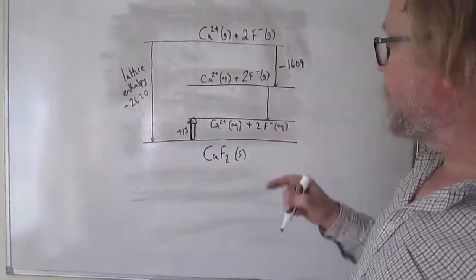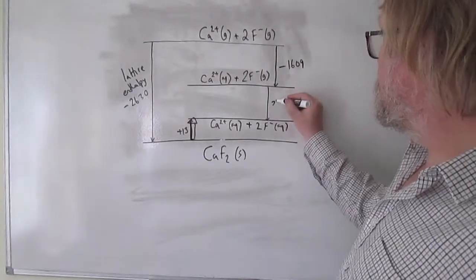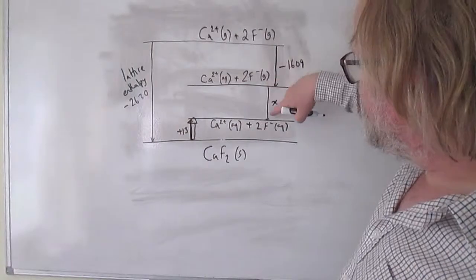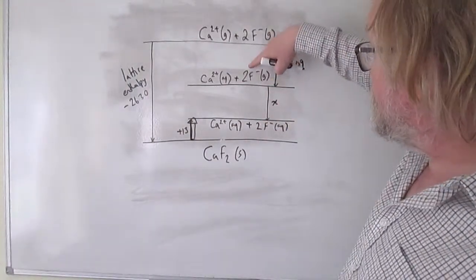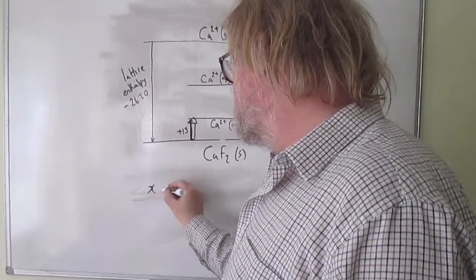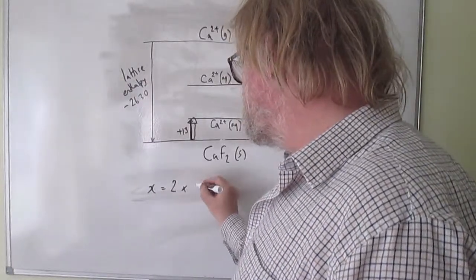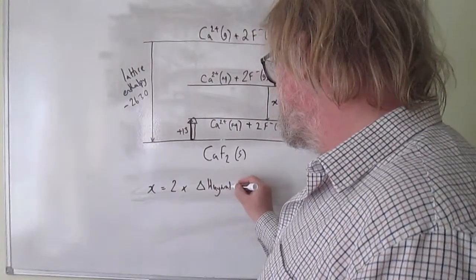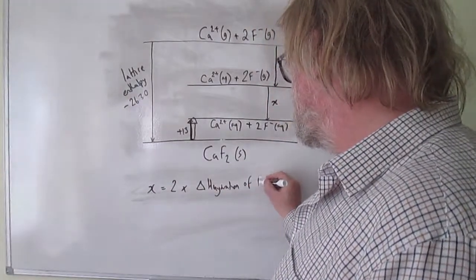So this is the one we don't know. Let's call that X. And you can see that X is not just the enthalpy change of hydration of fluoride, because there are 2 moles of F minus. So X is equal to 2 times delta H of hydration of F minus.